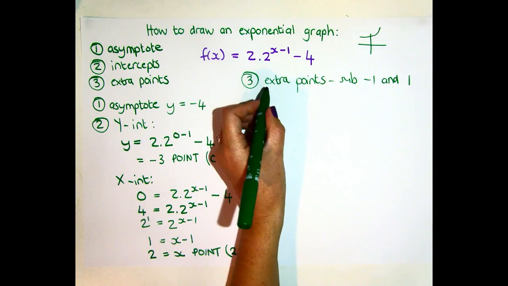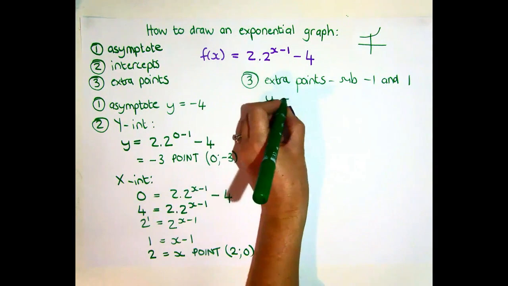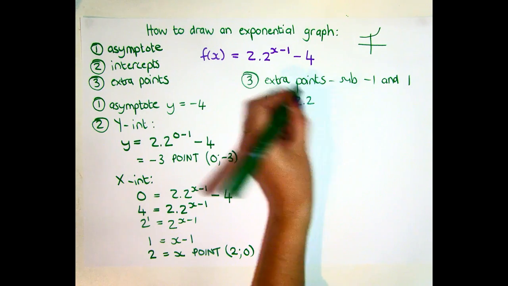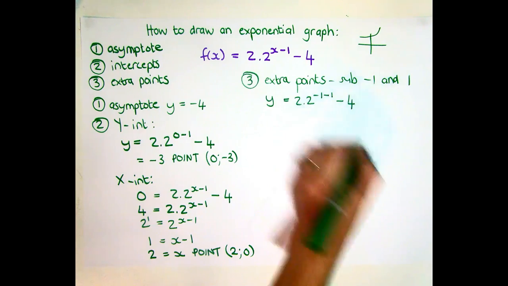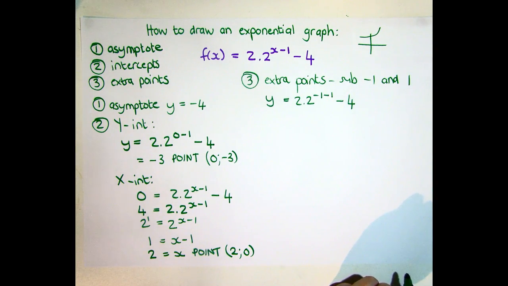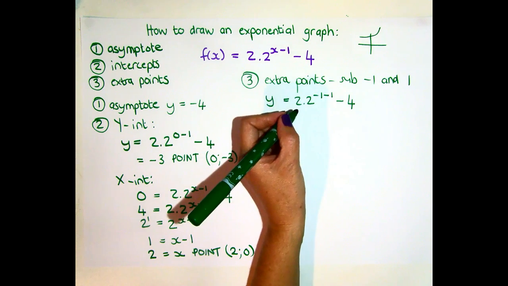Right, so subbing in negative 1, I'm going to get out the y value. So I'm going to say y equals 2 times 2 to the negative 1 minus 1, minusing 4. Plug straight into calculator, and I'm going to get out negative 7 over 2.